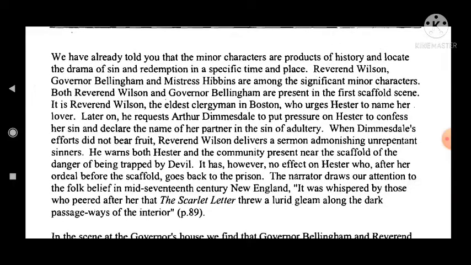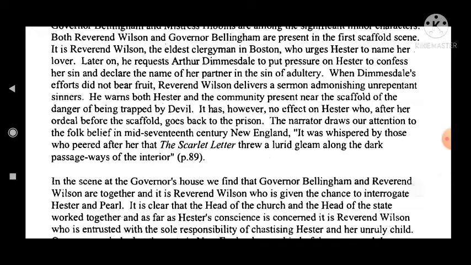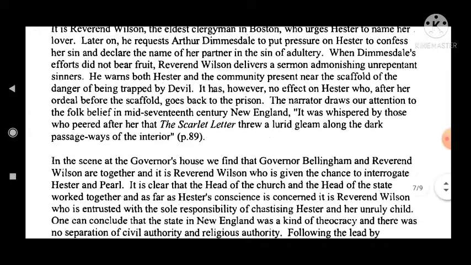Both Reverend Wilson and Governor Bellingham appear in the first scaffold scene. It is Reverend Wilson, the eldest clergyman in Boston, who urges Hester to name her lover. Later on, he requests Arthur Dimmesdale to put pressure on Hester to confess her sin and declare the name of her partner in the act of adultery.